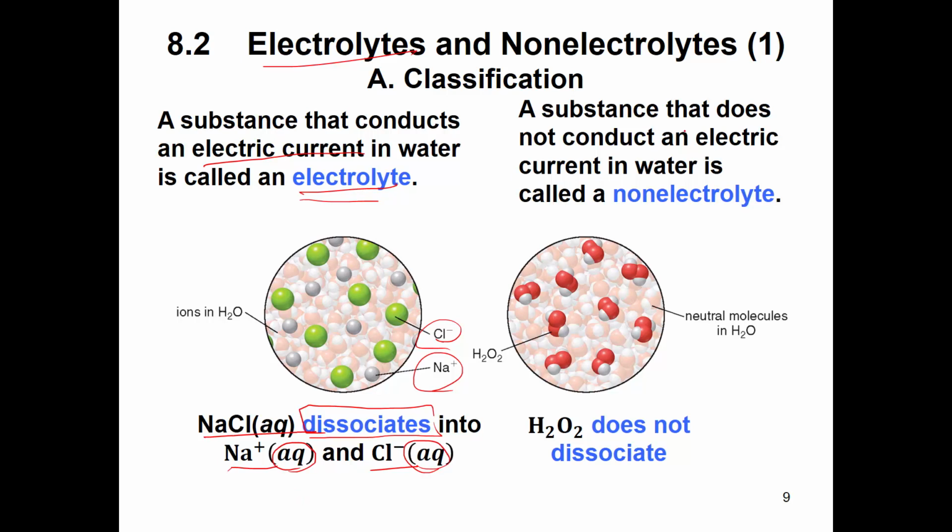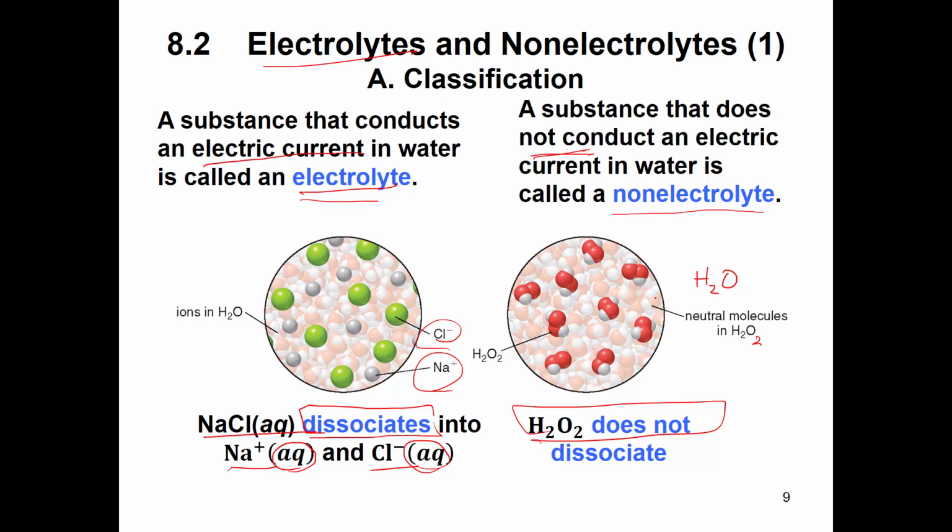A substance that does not conduct an electric current in water is called a non-electrolyte. For example, if you have H2O2 and you put it in water, it will not dissociate, so it will not produce ions.